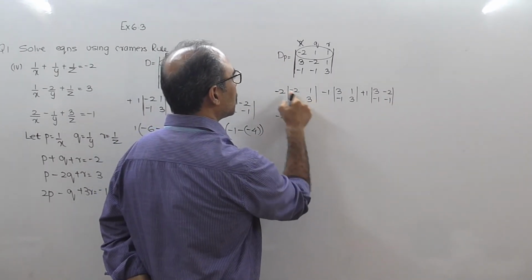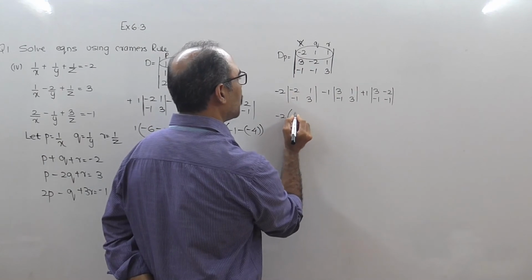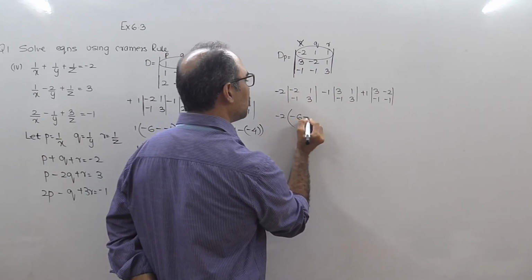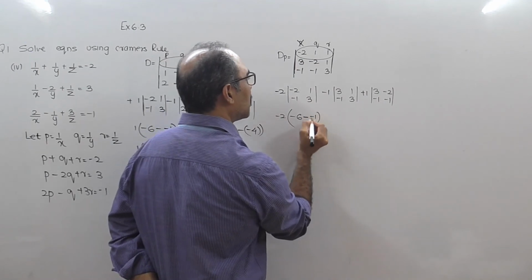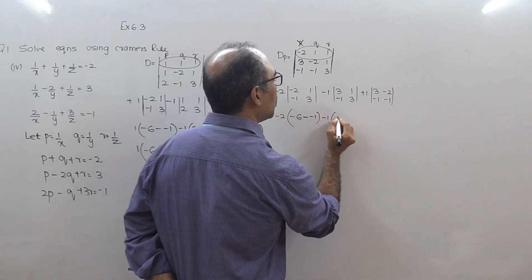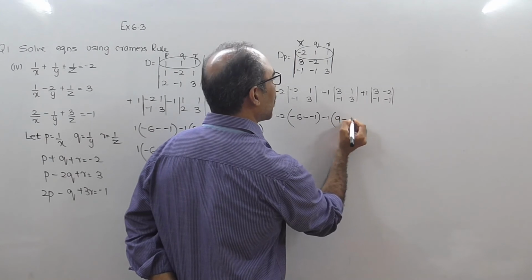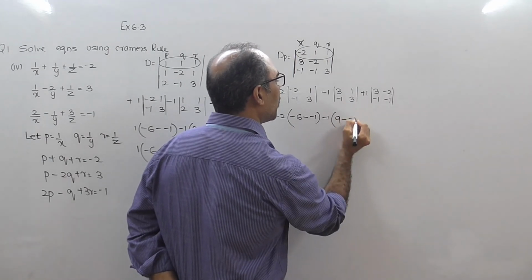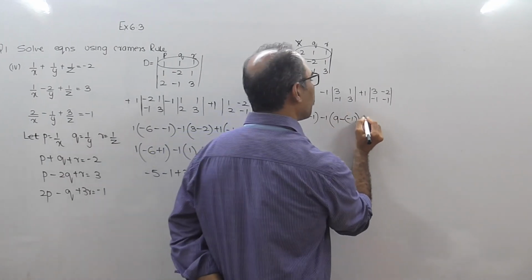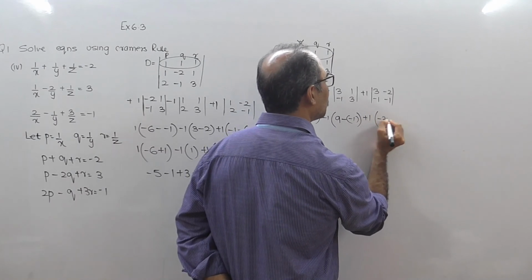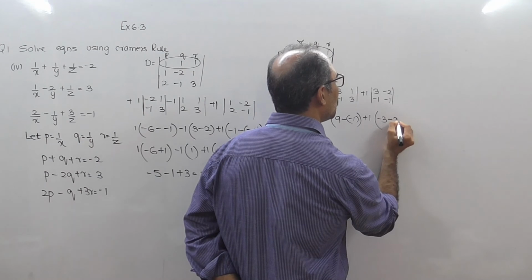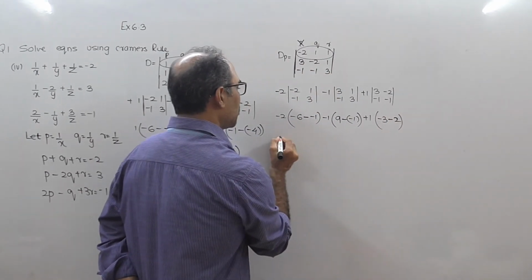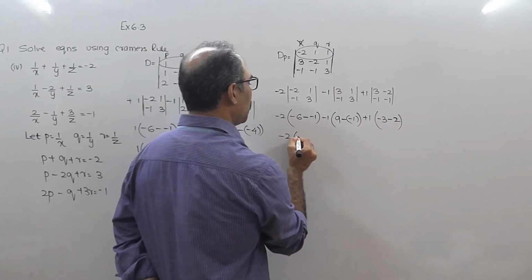I think this is 3 into minus 2 is minus 6, minus 1 into minus 1, that is minus 1, minus 1. This is 3 into 3 is 9, minus 1 into minus 1, which is minus 1, plus 1. I think this is minus 3, minus 1 into minus 2 is 2. So I get this as minus 2.